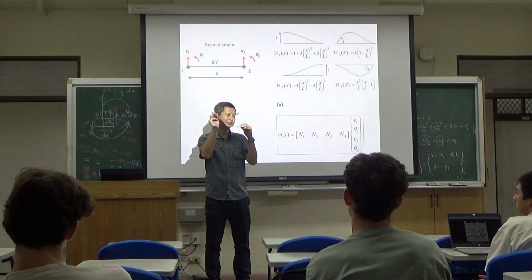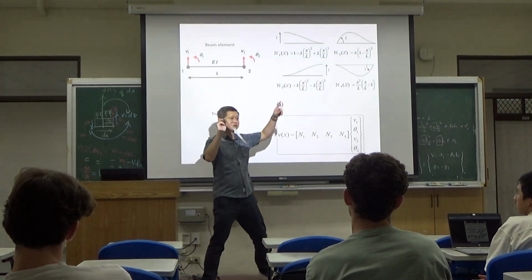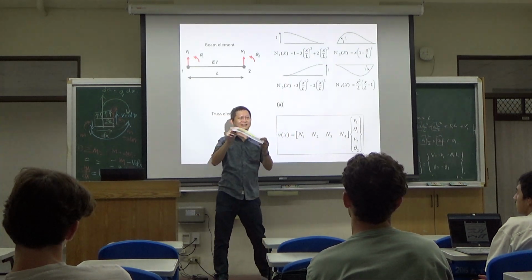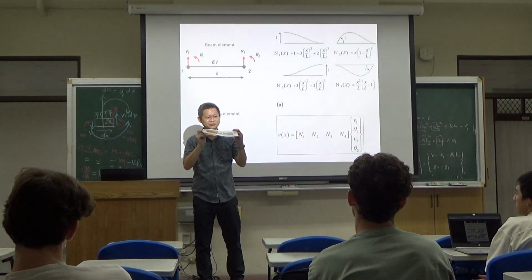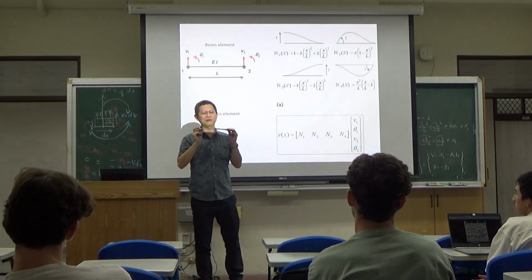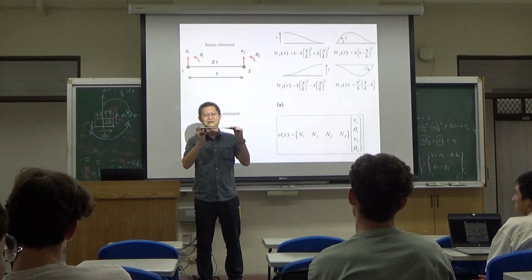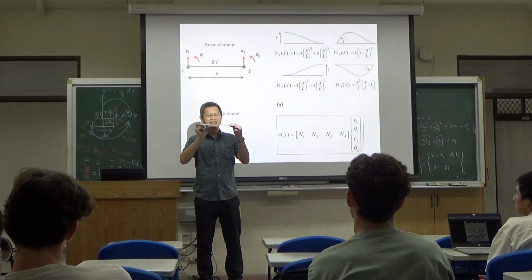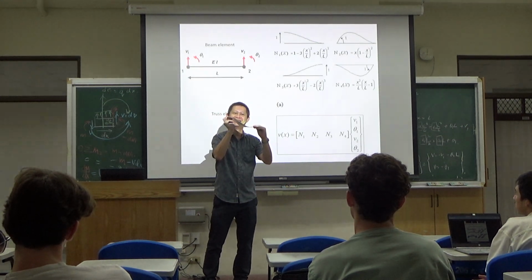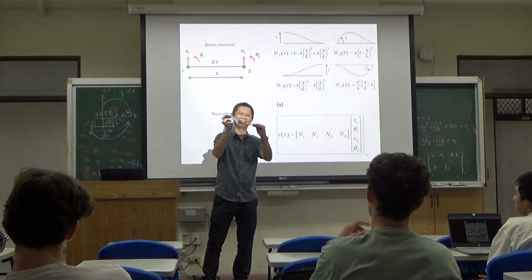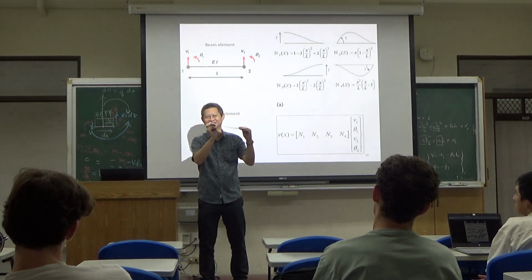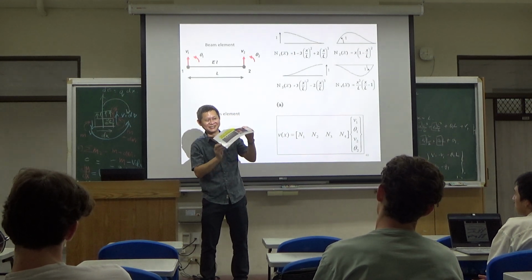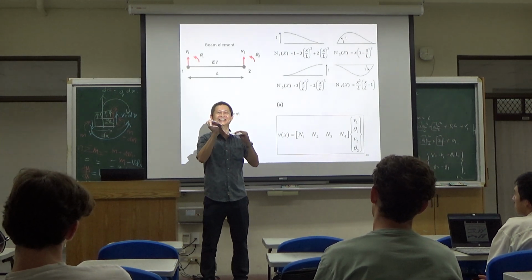So what's the first shape function? If you're not sure, please get a piece of paper. Clamp the left hand, clamp the right hand, but lift up the right hand. This is it. Without even an equation, you already have the shape function.